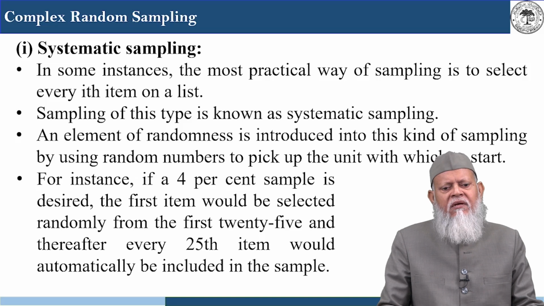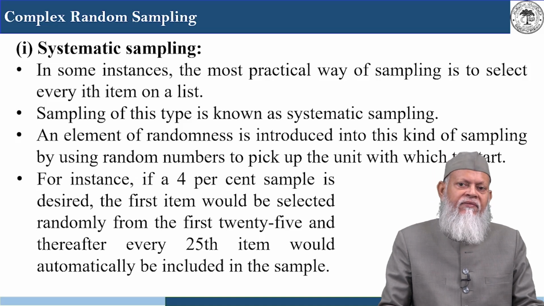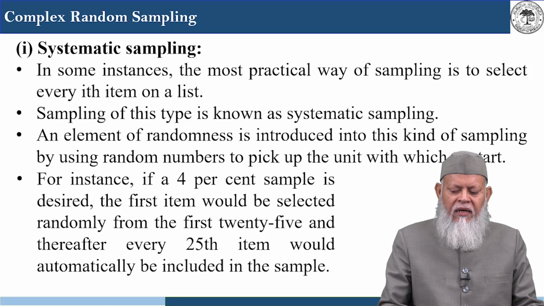Let us discuss it with an example. For instance, if a 4% sample is desired, 1 out of every 25, what will be done? The first item has to be selected randomly from the first 25 items, or from the first 25 members. Go on adding 25 to all the items, and they will be automatically included in the sample.